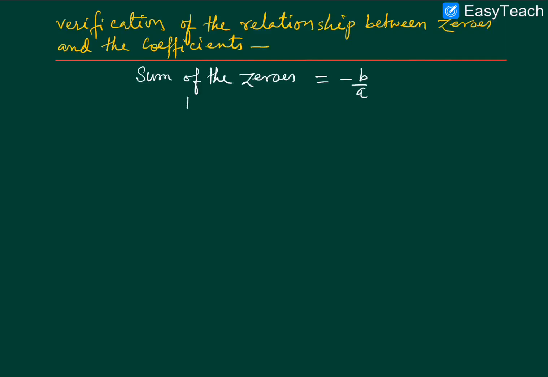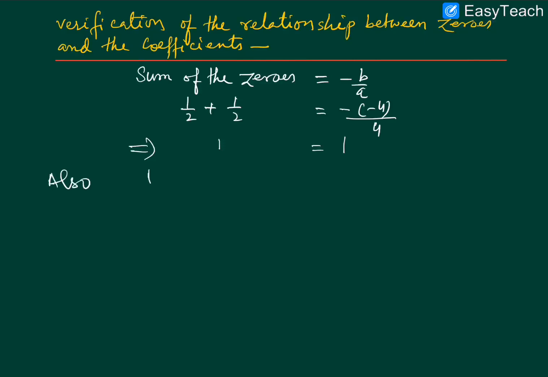Here, sum of the zeros is 1 by 2 plus 1 by 2, as zeros are 1 by 2 and 1 by 2, and here from the polynomial the value of b is minus 4 and the value of a is 4. 1 by 2 plus 1 by 2 gives 1, half plus half gives 1, and this is also 1.